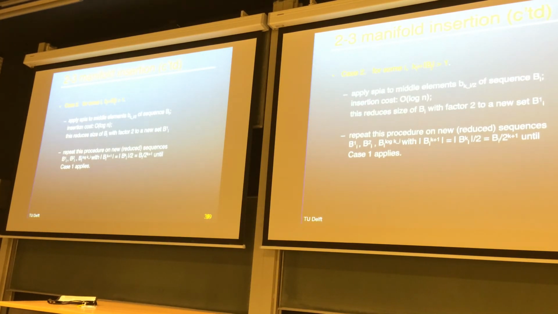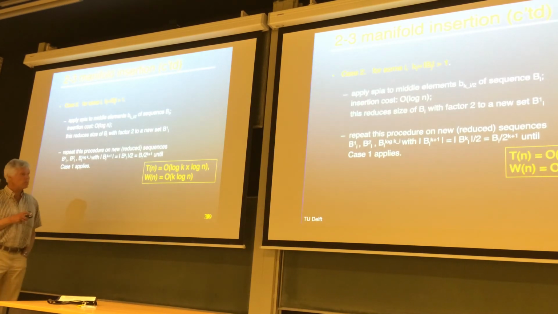If you have n numbers to be inserted, and each time you are halving your number to be inserted, you need log n iterations. So after log n iterations, at most, case 1 applies. You only have one element to be inserted. Okay. So, this is the simple parallel idea to insert this number of elements.